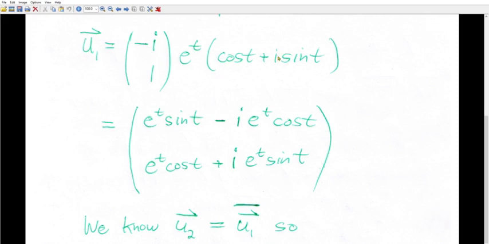And that gives us this e to the t sine t term here. So the point here is that this product gives you the imaginary part, and this product gives you the real part. Now we do the same thing down here for 1. We get e to the t cosine t is the real part, and e to the t i sine t is the imaginary part.